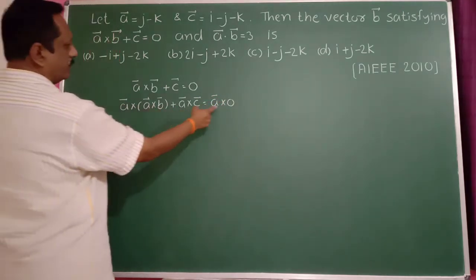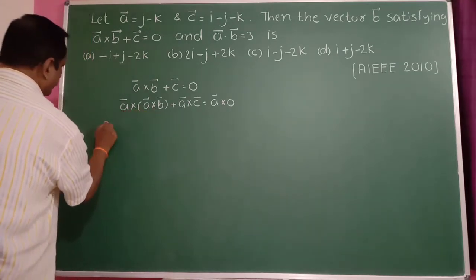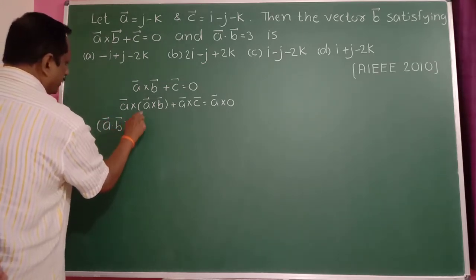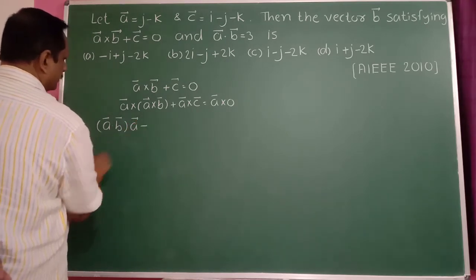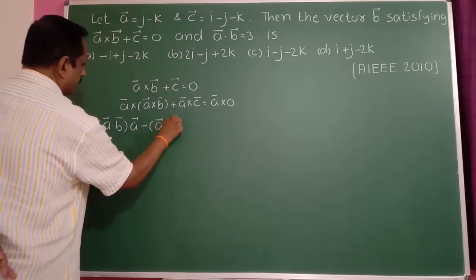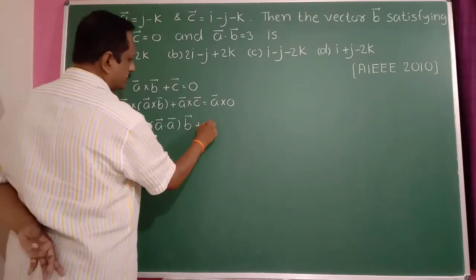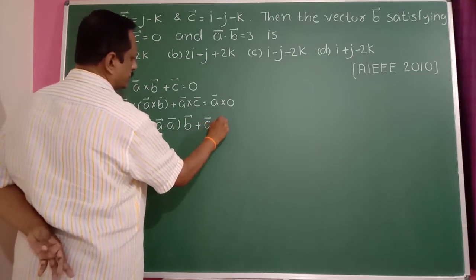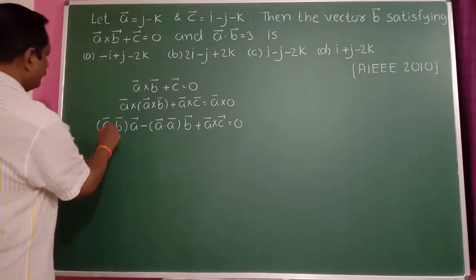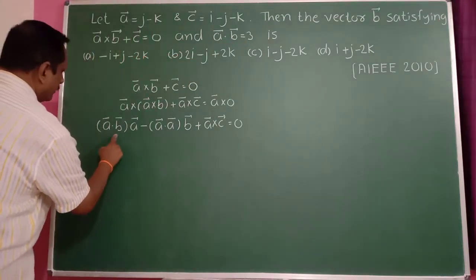Here is a vector triple product formula: A bar dot B bar into middle vector A bar minus A bar dot A bar into the vector B bar. Then plus A bar cross C bar here. So A bar cross of A bar, this becomes 0. Then A bar dot B bar, here they already given A bar dot B bar is 3. So right here 3 into A bar.